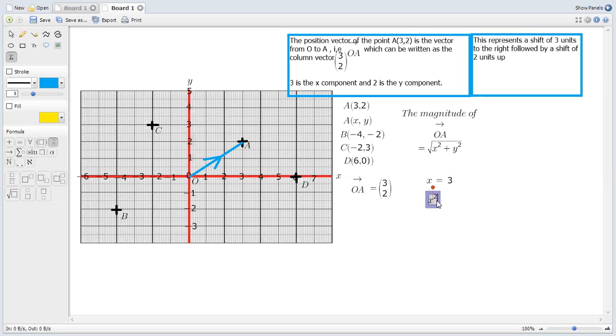What is x squared equal to, class? Sir, 9. Thank you very much. 9, right? The x is 3, x squared is 9. So identify what the y is. The y is 2. So what is y squared? 4. Good.